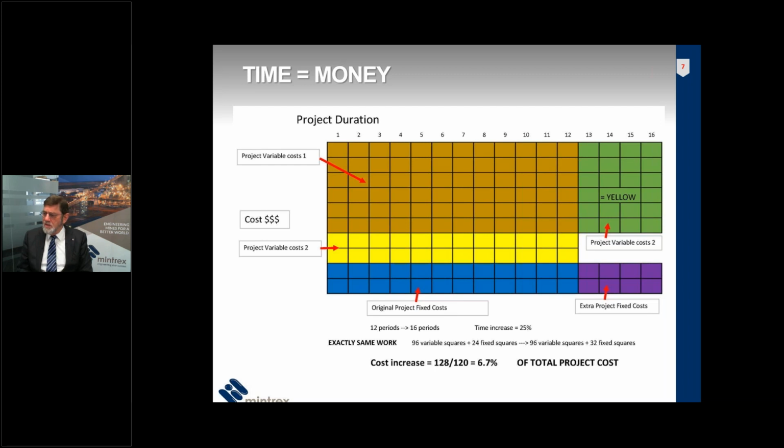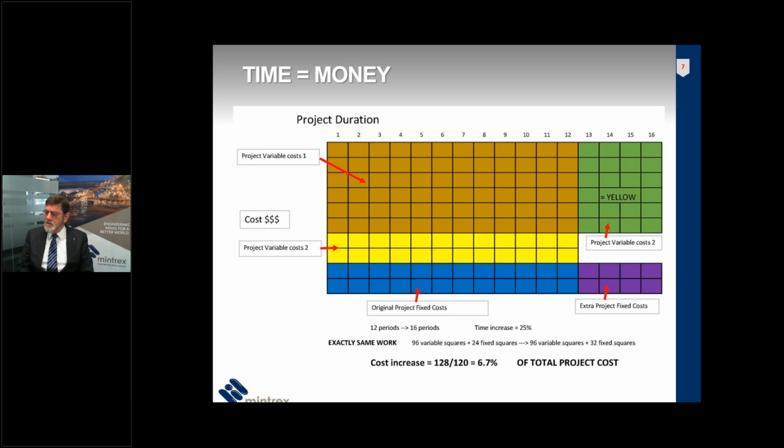So the 12 periods have a total cost of 128 squares. And when you extend those 12 periods out to 16 periods, then providing you don't change the work that you're doing, the project variable costs, the yellow section, simply moves to where the green section is, and there's no change to the variable costs.